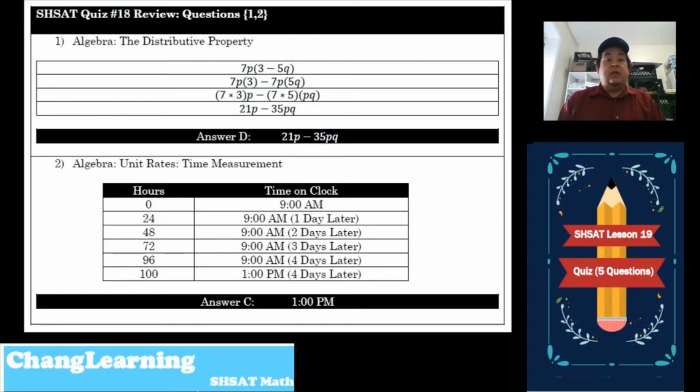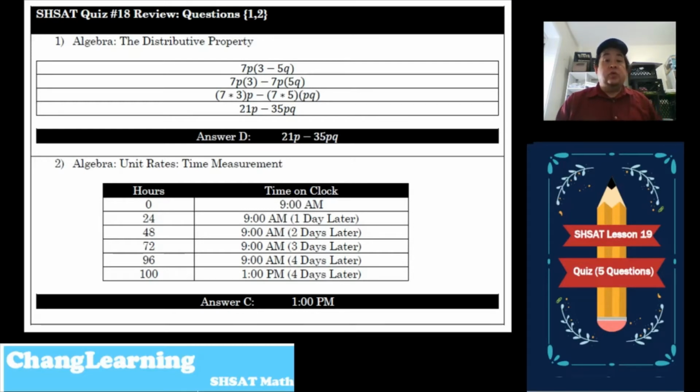Grouping the coefficients and variables, we'll have 7 times 3p minus 7 times 5pq. Then expressing as a single integer, 7 times 3 is 21p minus 35pq. The correct answer was D, 21p minus 35pq.